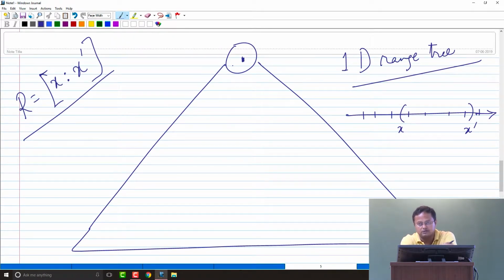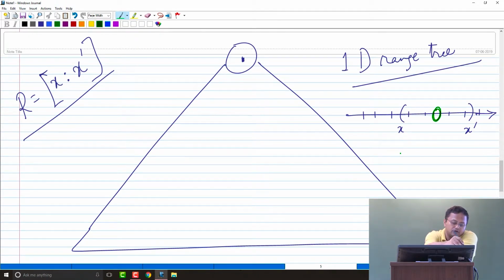So, that means your search path keeps going until it finds a node such that the value present at the node lies in the middle of this range. Till that point, it either goes left or keeps going right, fine.